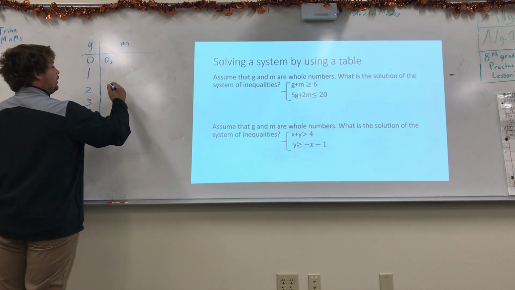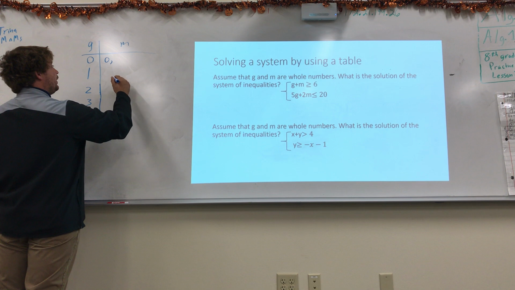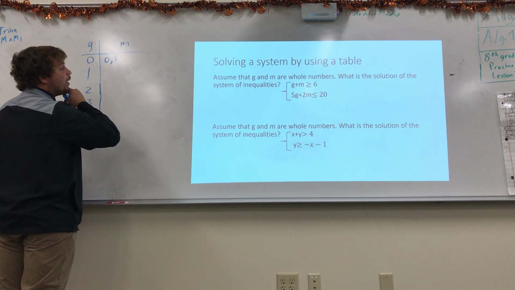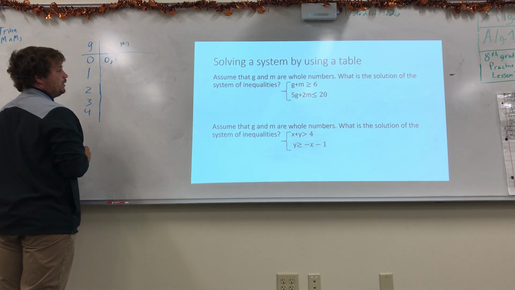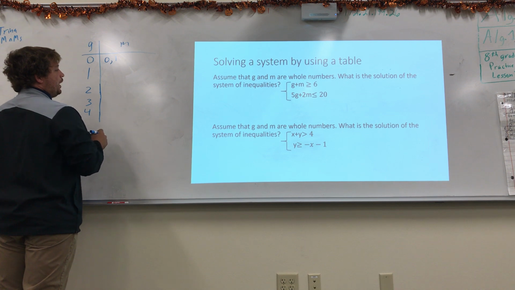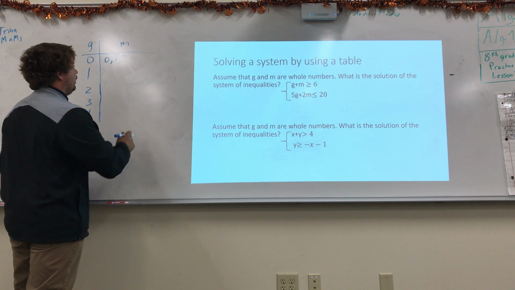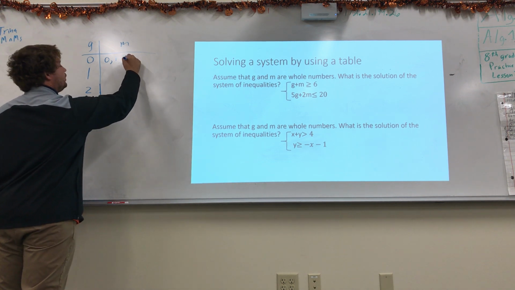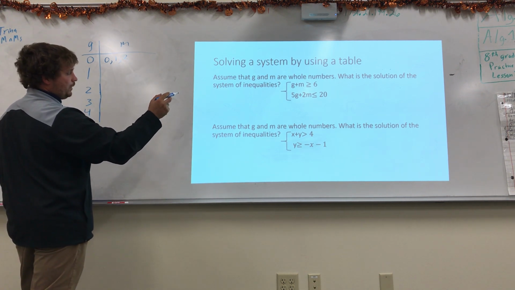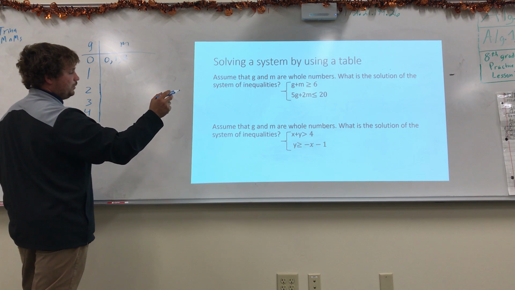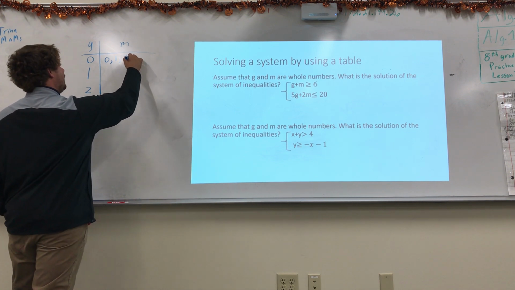So we get 0 is less than 20. I can get 1. Once again, 5 times G is 0, plus 2 times 1, which is 2. I can do 3. I forgot 2. Let's try 2. Once again, the first part is 0 plus 2 times 2, which is 4, which is less than that.